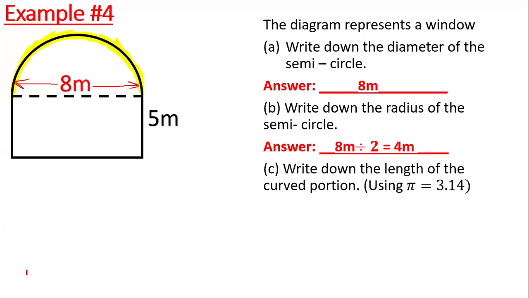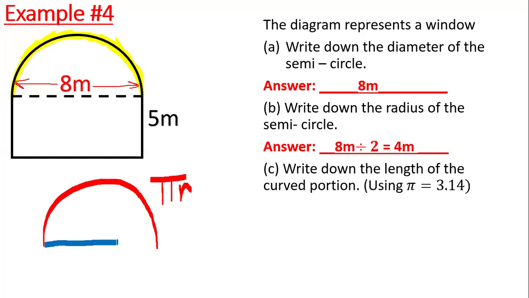I said, if we have a semicircle, I said this specifically. So if we have a semicircle, this portion, the red portion, that is equal to pi r. Right? The curved portion is equal to pi r. The part at the bottom is what? It's 2r, right?